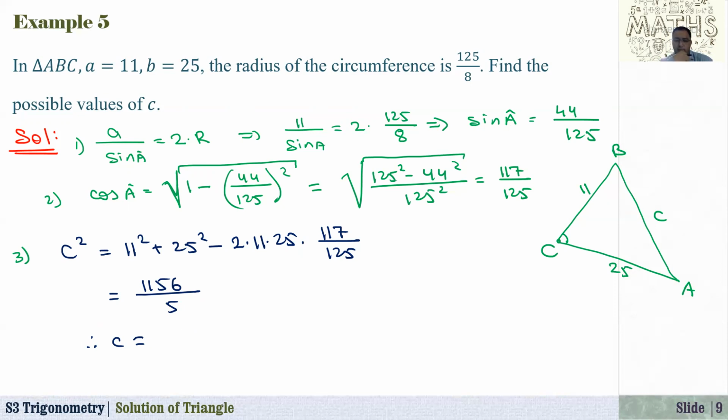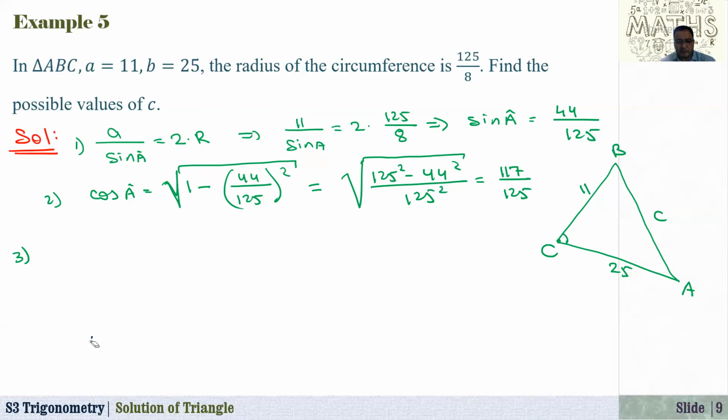I made a mistake here, because cosine of A is not angle A. We know cosine of A, so from here I have to use this one.